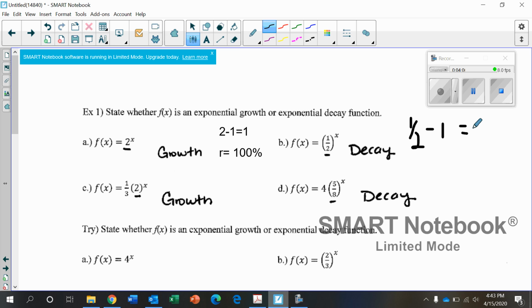Now that's going to give you a negative 0.5. That negative is just telling you that it's a decay. We're ignoring it because our percentages only have to be positive numbers, between 0 and 100%. Then I'm going to move the decimal over 2 places. So I have R equals 50%.